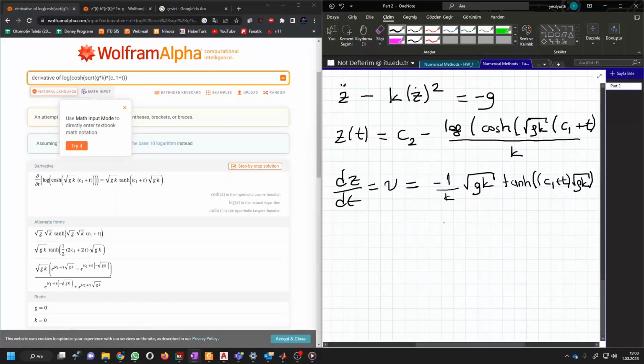So I can further simplify the equation to this level: minus square root of g over k times tangent hyperbolic of c1 plus t times square root of g times k. Okay, this was v.